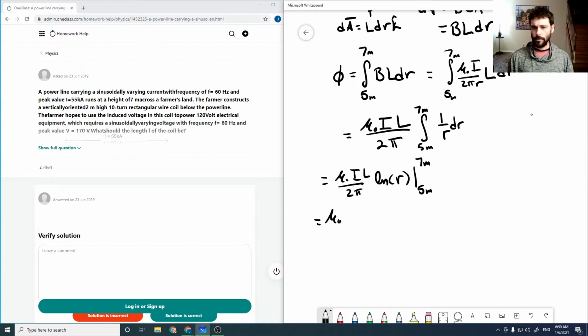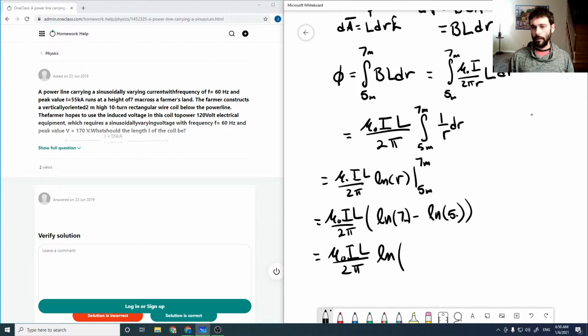And so then this is just mu naught I L over 2 pi times ln 7 minus ln 5, which comes out to be mu naught I L over 2 pi ln of 7/5. Just using the ln rules, subtracting 2 lns is the same as dividing by what's inside. And so then there's our flux now.